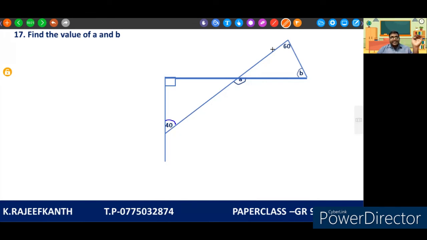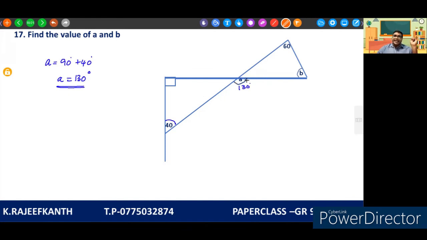Then we know that exterior angle is equal to sum of interior opposite angles. Then A is equal to 90 plus 40. Then A is equal to 130 degrees. Now we found the value of A, because exterior angle is equal to sum of interior opposite angles. Here in this second triangle, now we found the value of exterior angle A, that is 130 degrees.